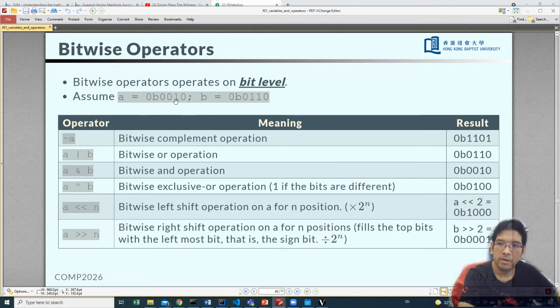When the 1, 0 moves to here, we add some 0s from the tail. And how about this one? This one will be shifting the things to your right. So B right shift 2 will give you 0, 0, 0, 1, and we fill up 0 from the top.